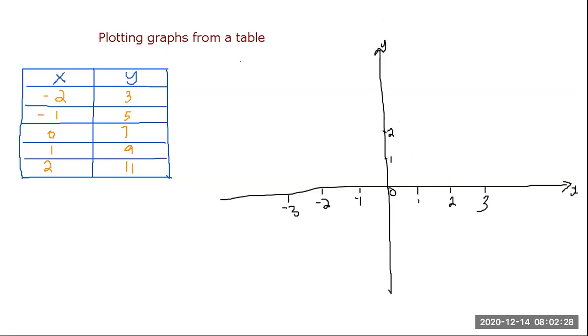So what I'm going to do so that all my numbers fit, I'm going to start at, I'm gonna go 2, 4, 6, 8, 10. And then let me extend this line right here so that it fits. This is gonna be 12.